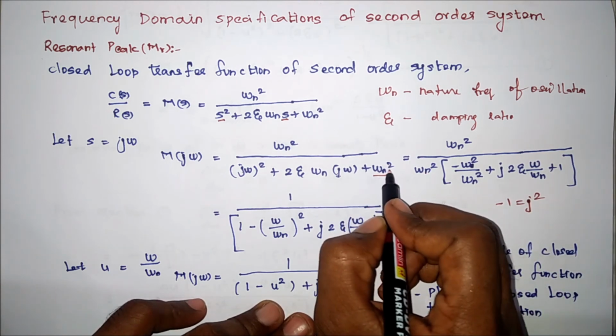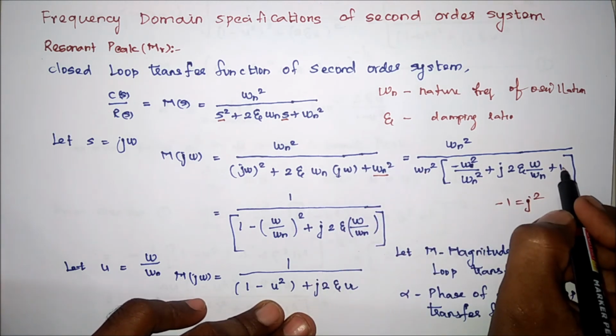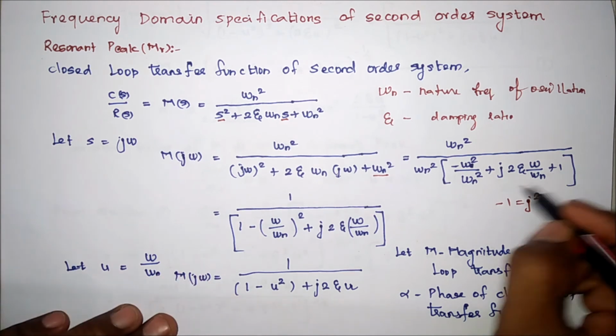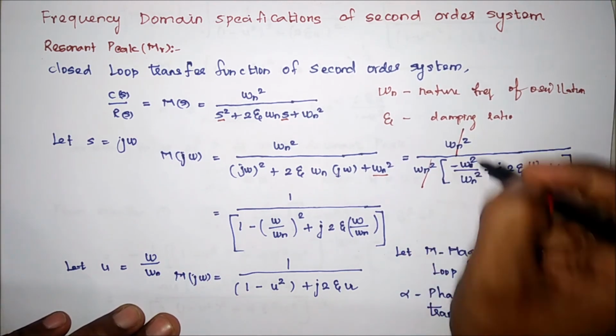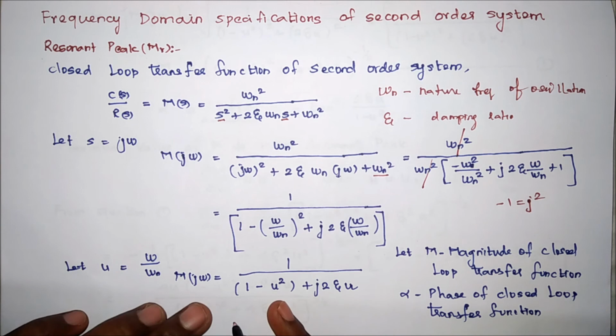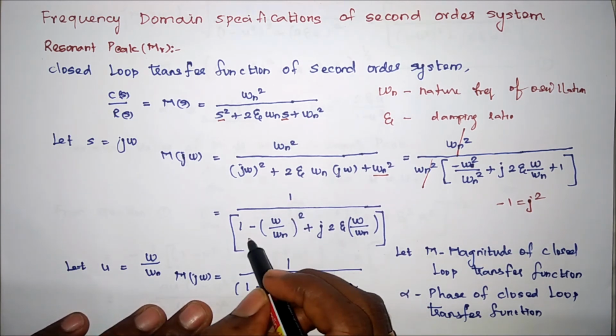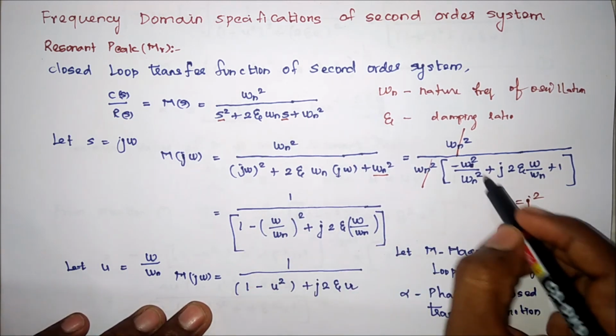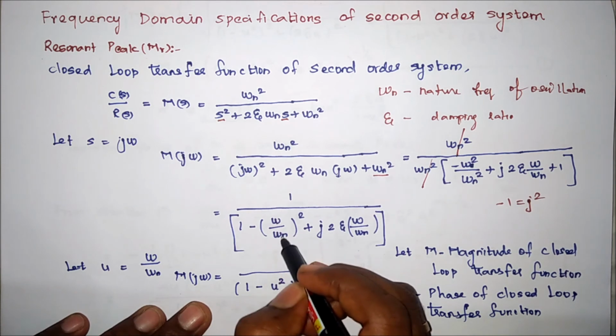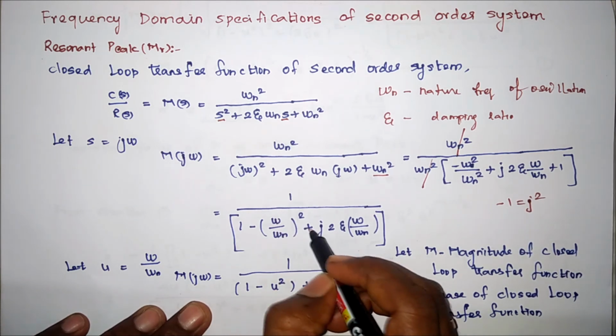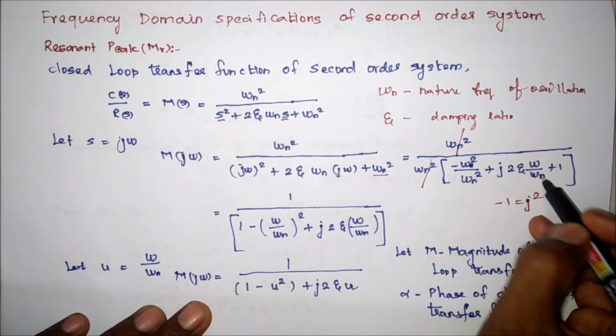Here omega n square is available, so we have taken outside, it will become 1. So now we will cancel this omega n square, this omega n square. So finally we will have 1 divided by 1 minus omega divided by omega n the whole square plus j 2 eta omega divided by omega n.